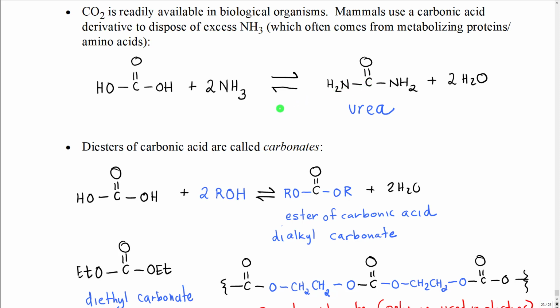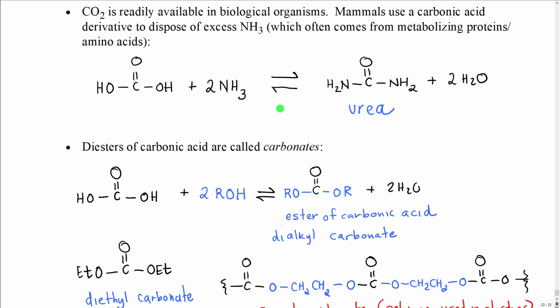So this is a really interesting example of how natural systems have been optimized through evolution to be efficient, rather than creating an entirely new molecule to aid in the disposal of this waste product. It uses carbonic acid, which is itself created from a waste product of metabolism.